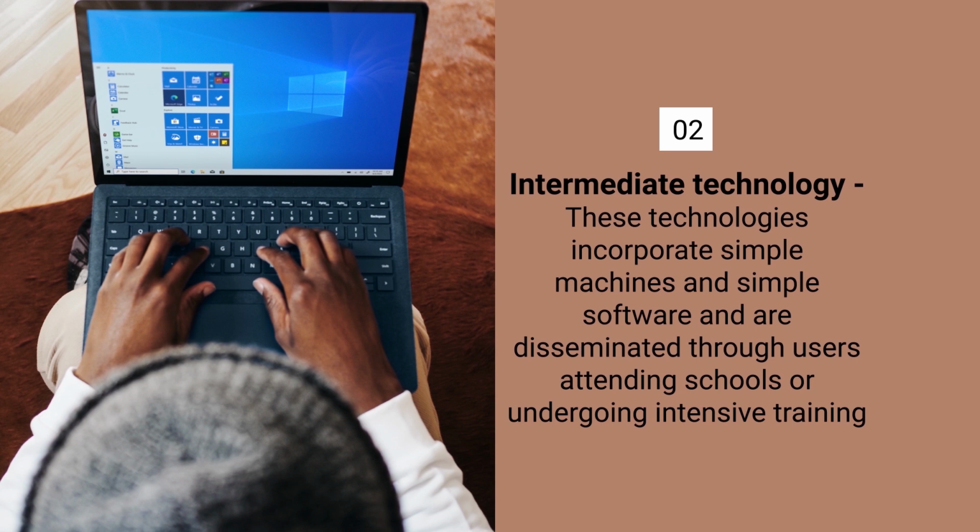These are the technologies which are incorporated by simple machines and simple softwares and are disseminated through users attending schools or undergoing some intensive training. So, low or village technology and intermediate technology is relatively easier to handle.